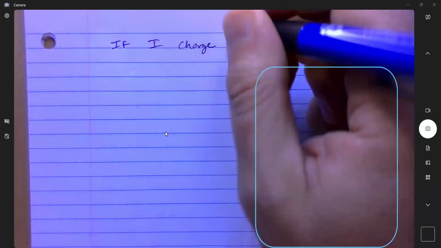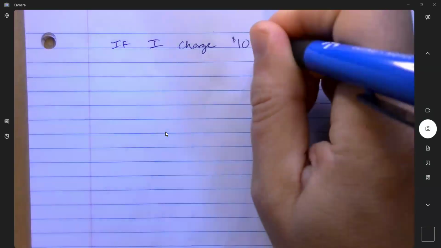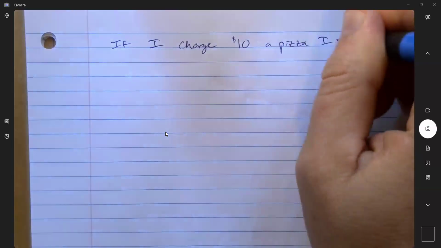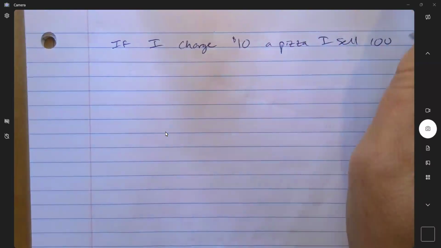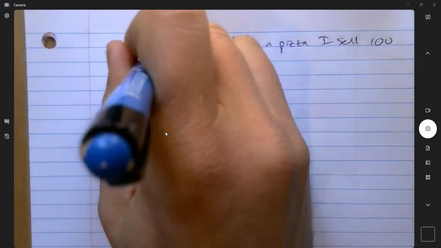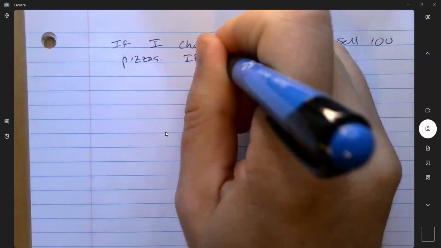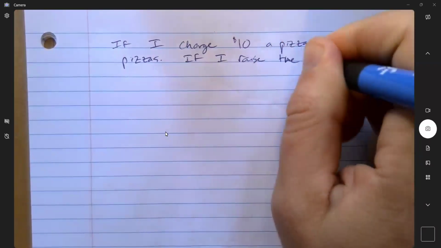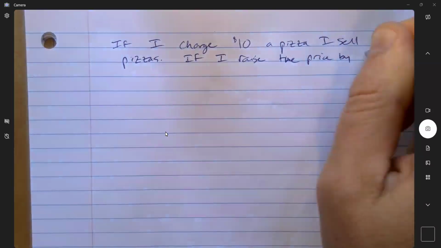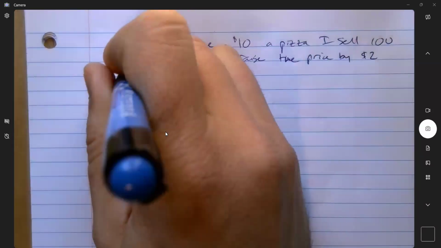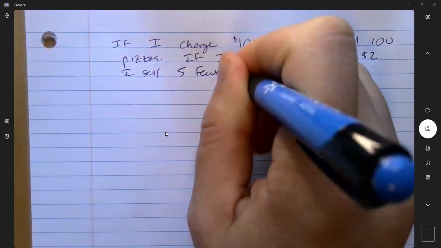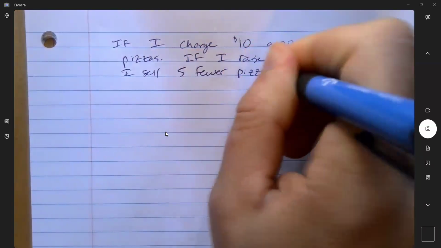So if I charge $10 a pizza, I sell 100 pizzas. If I raise the price by $2, I sell 5 fewer pizzas.